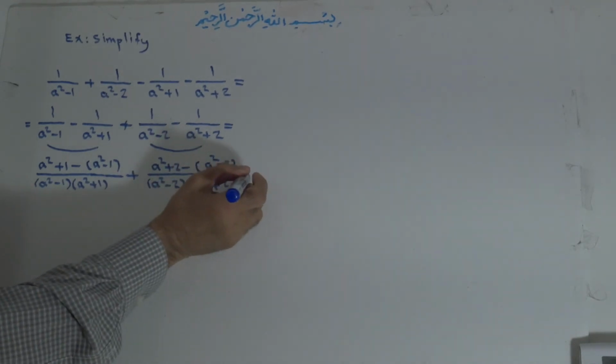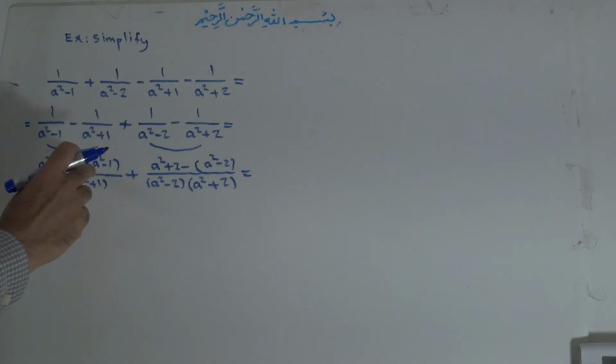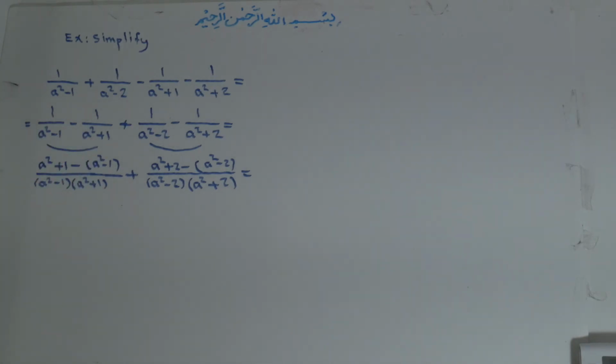Now here, if you multiply the negative sign, this one becomes negative a to the power of 2 and this will become positive, negative times negative, positive 1.